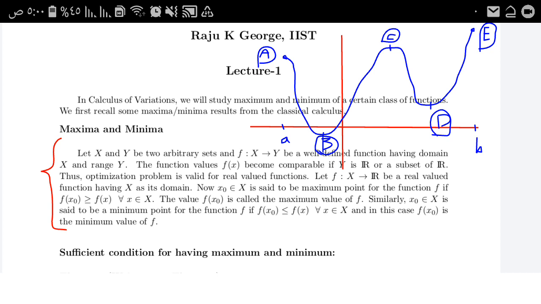No, the point A is not a minimum. Point A is maximum, but not absolute maximum.